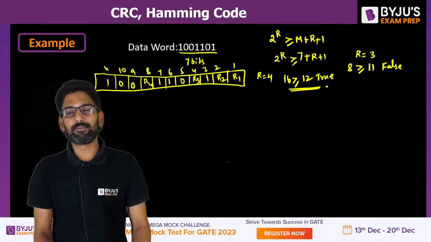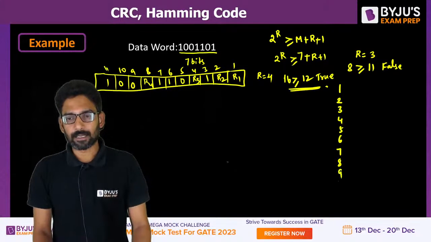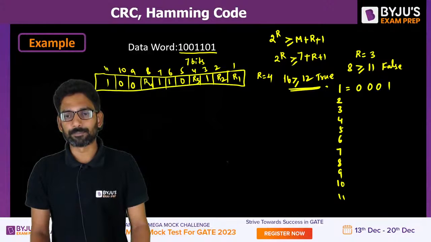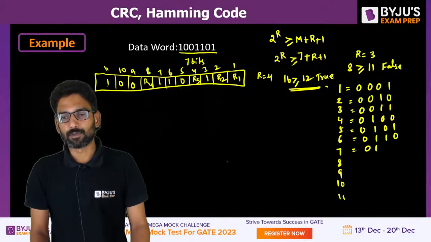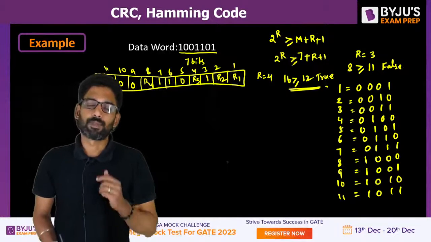So mark the binary values for these 11: 1, 2, 3, 4, 5, 6, 7, 8, 9, 10, 11. Binary values 0001, 0010, 0011, 0100, 0101, 0110, 0111, 1000, 1001, 1010 and 1011.